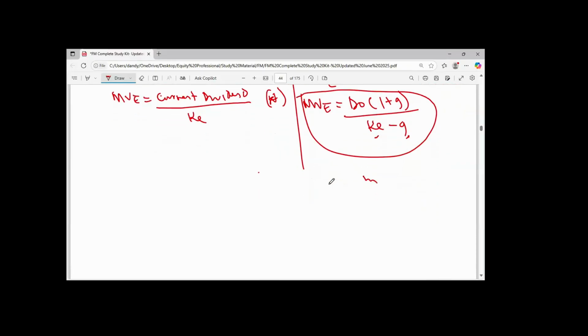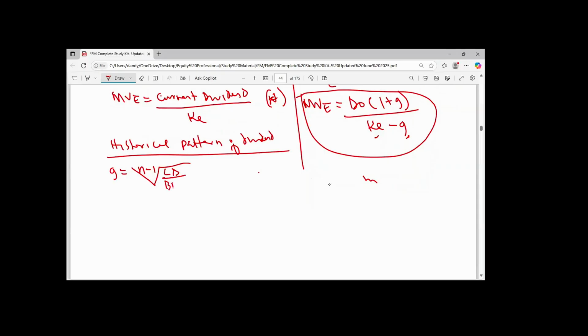So using the historical pattern of dividend payment, I said the growth rate will be computed as the (n minus 1)th root of the latest dividend divided by the dividend paid in the first year, all minus 1.